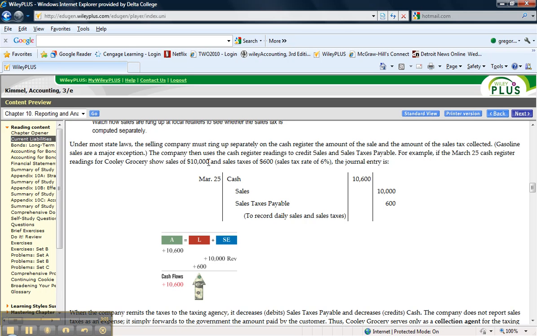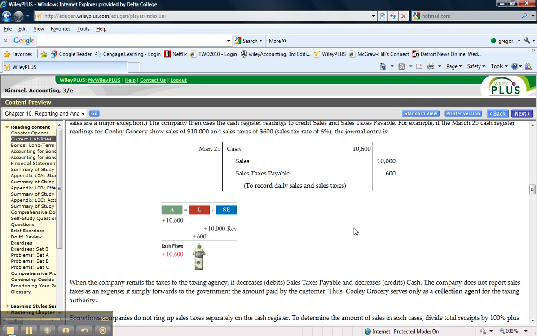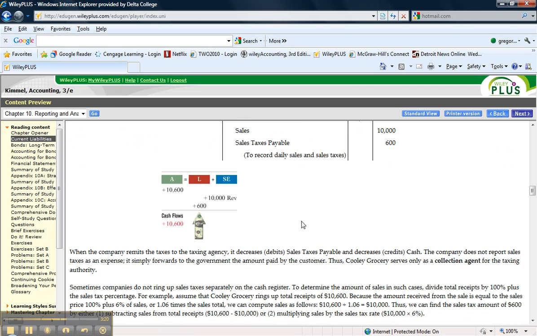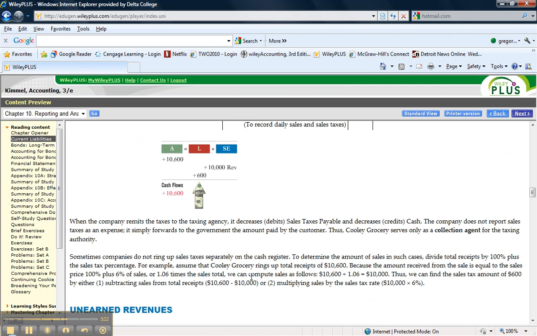So to get the sales tax piece, you have to divide that 10,000 by, it's a 6% sales tax rate, so divide by 1.06, and that gets you the amount of the actual sales revenue, and then that amount times 6% would get you the sales tax. When you add them together, it would equal $10,000. So this discusses that right down here.